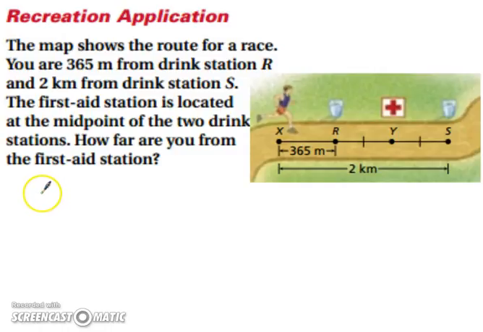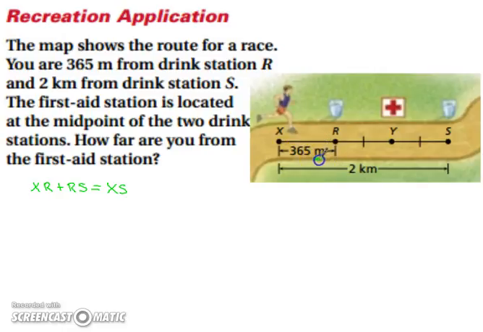Well, to start off with, we can use XR plus RS equals our total. So we have XR plus RS equals the total of XS. So this piece plus this one equals the grand total.